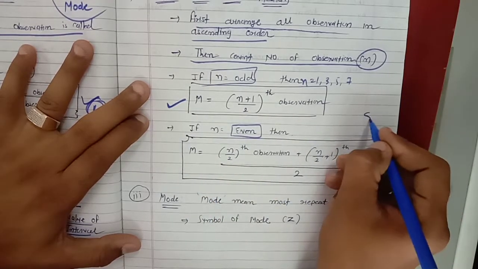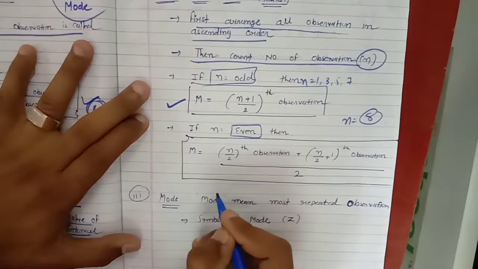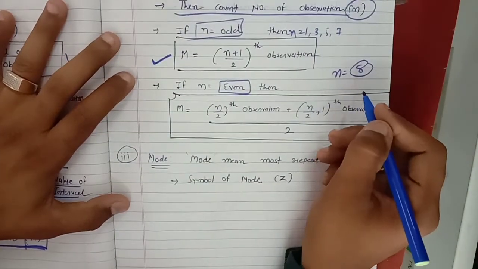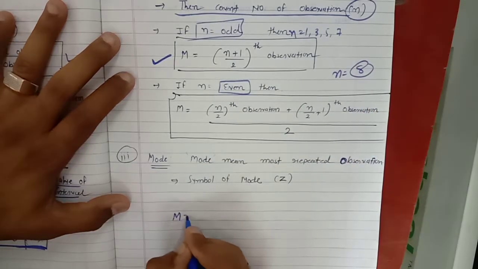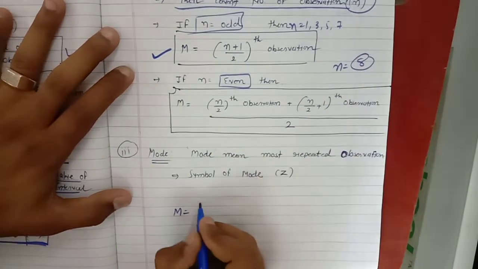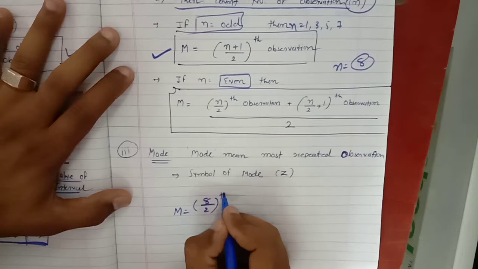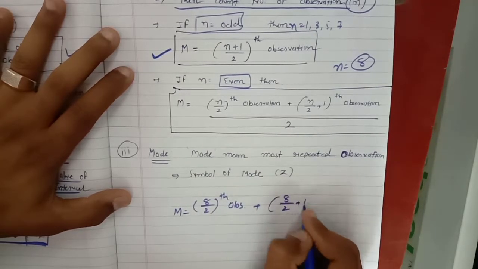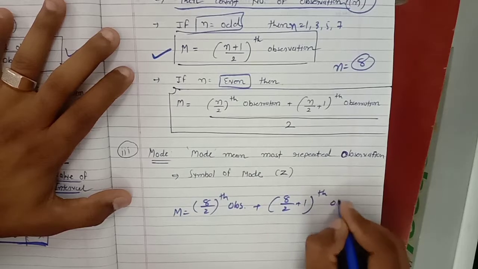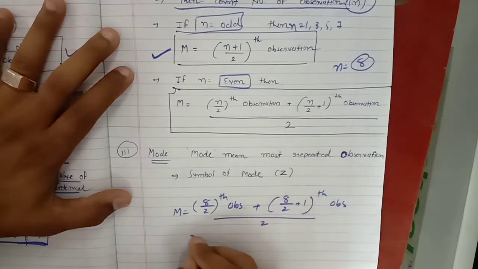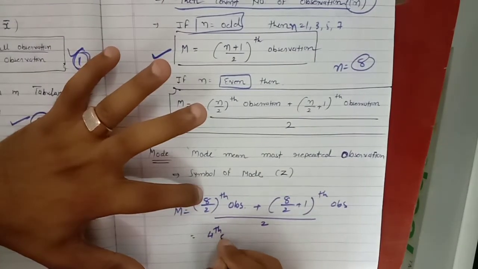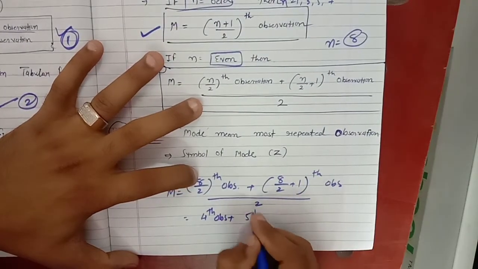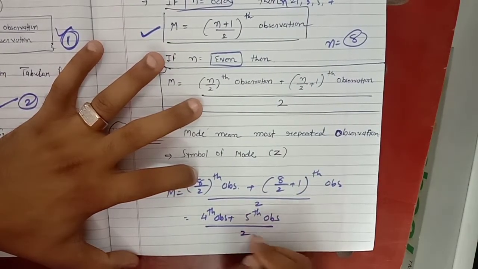Suppose I have a total of n equal to 8 observations. How do we find the median? The 8 divided by 2 th observation plus the 8 divided by 2 plus 1 th observation, all divided by 2. This is the 4th observation plus the 4 plus 1, 5th observation, upon 2.